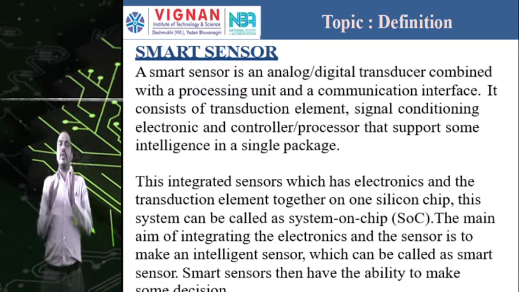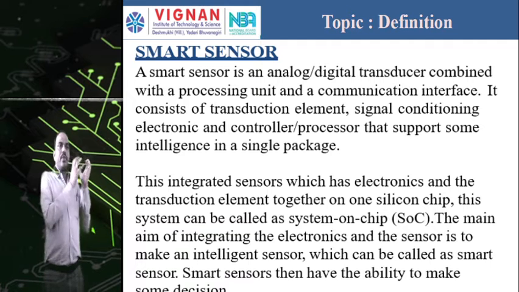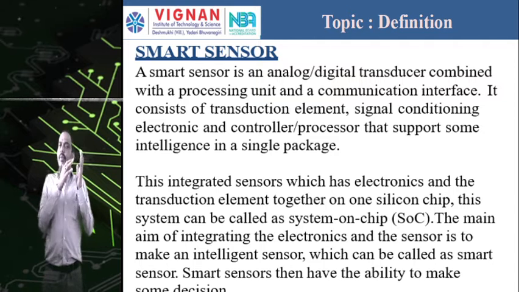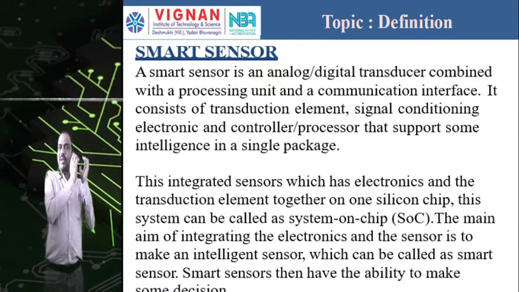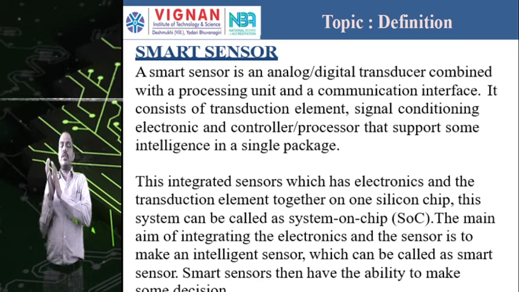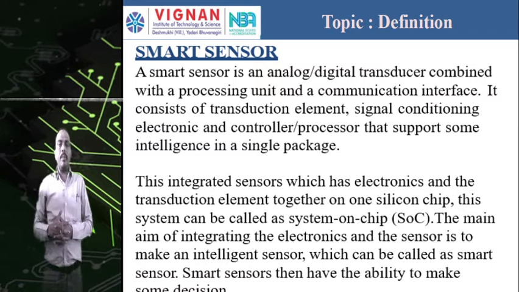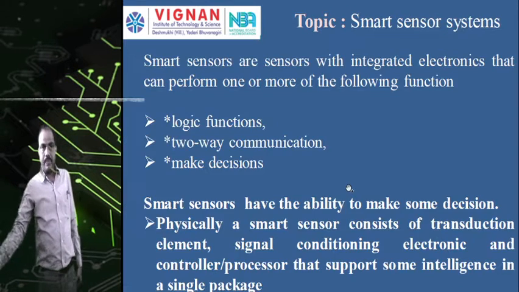A normal sensor's function is only to convert the physical quantity to an electrical signal. That's it. It will not perform any other things. Whereas smart sensors, which combine the sensor with some processing unit and some communication interface with other networks, have the ability to make some decisions depending upon the response.